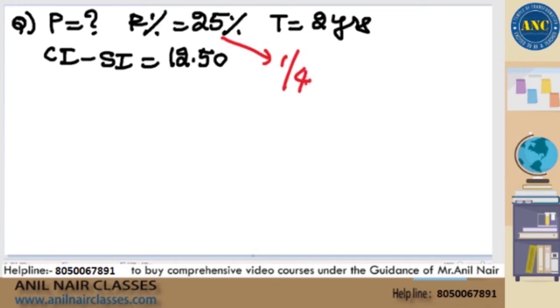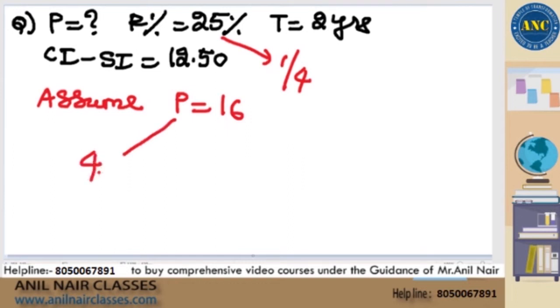25% is 1 by 4. 1 by 4 for 2 years means 4 square. Principal will become 16. First year, 25% of 16 is 4. Second year, 25% of 16 is 4. There will be an interest on interest, so it is 25% of 4, which is 1.